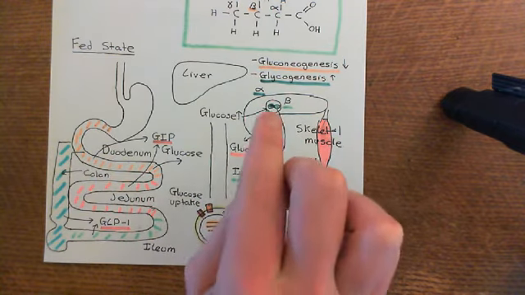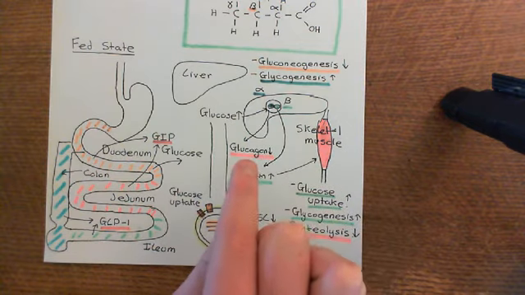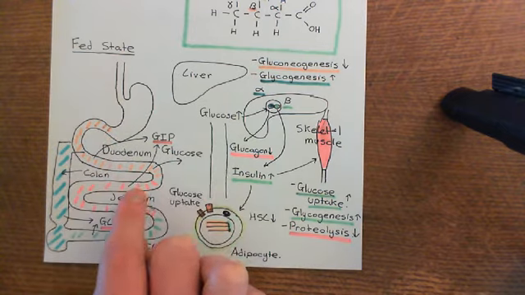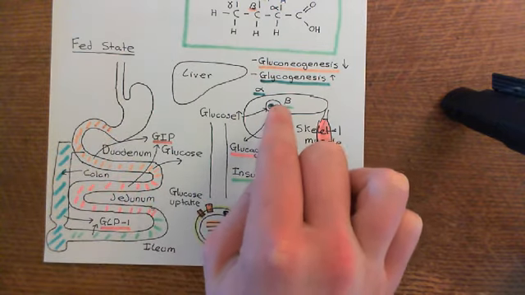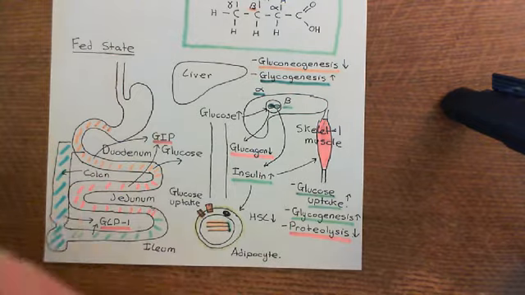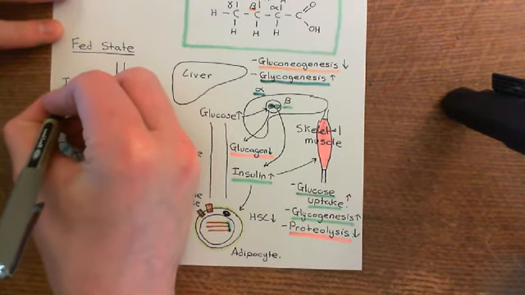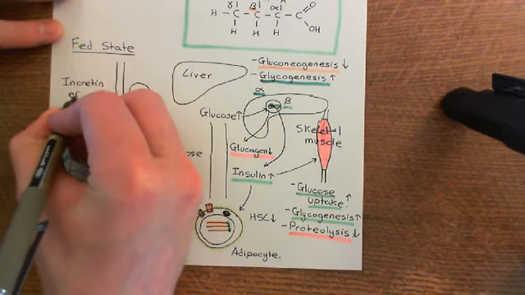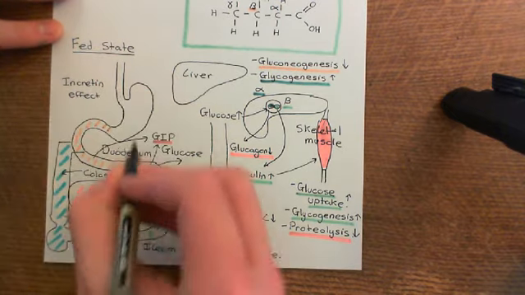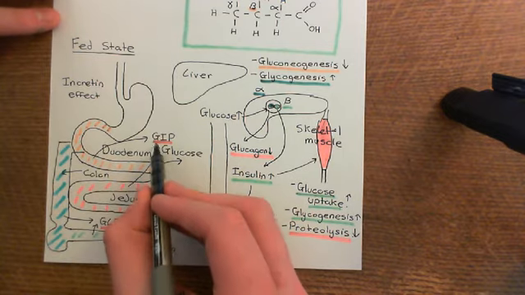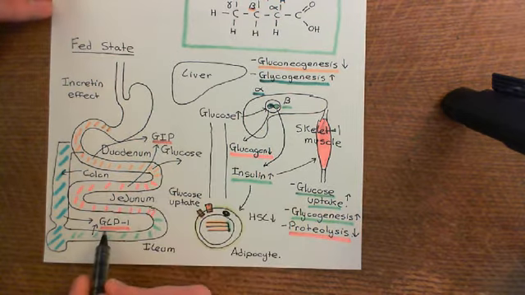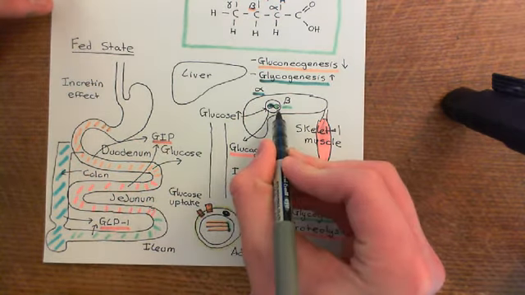If you were to raise blood glucose to that exact same level via oral delivery of glucose, then the amount of insulin released by the beta cells is bigger. That's known as the incretin effect. And the reason for it is that if you give the glucose orally via the intestine, then the glucose will trigger the release of these incretins, glucose-dependent insulinotropic polypeptide and glucagon-like peptide 1, which will act on the beta cells.